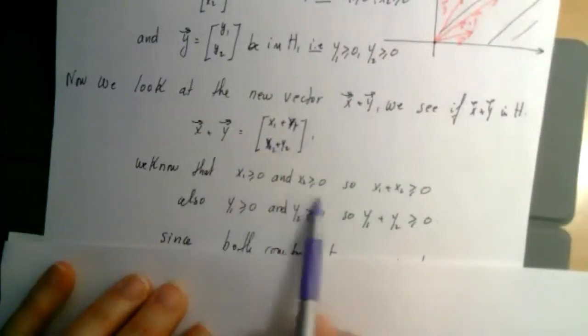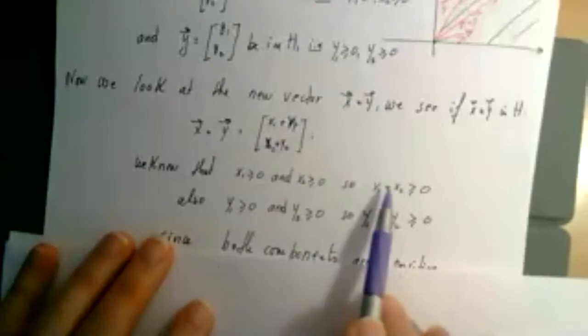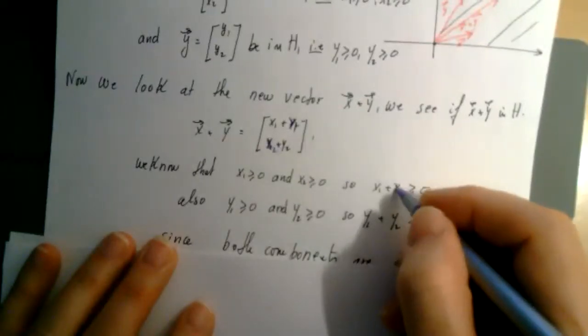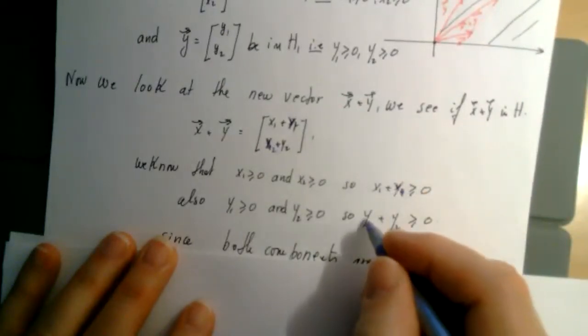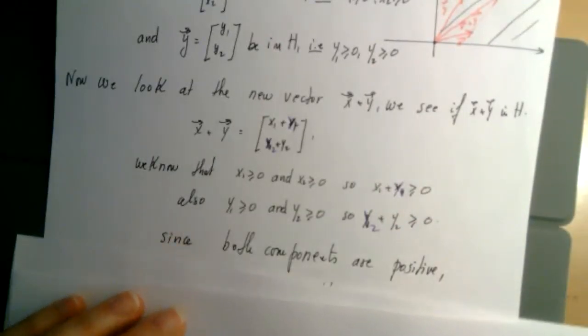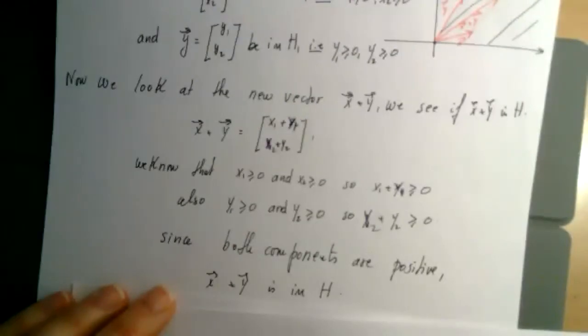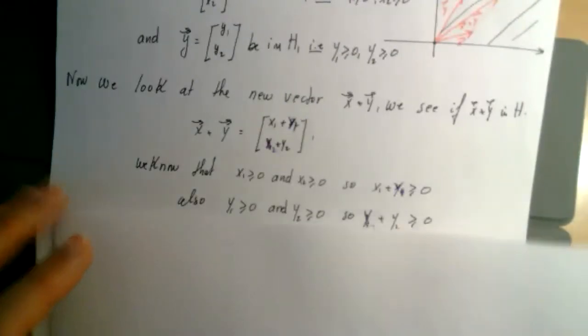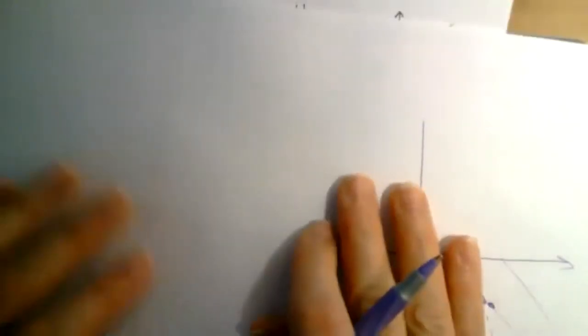So when I add them, we know that x1 plus y1 is positive, and also x2 plus y2 is positive. Since both components are positive, my new vector is in H. So that's how we verify this algebraically. So H has two properties: 0 is in H, and it is closed under addition.